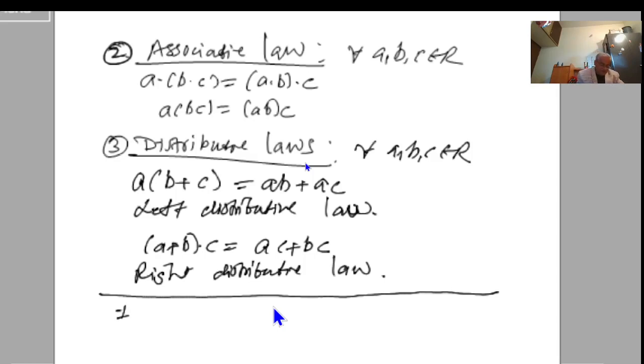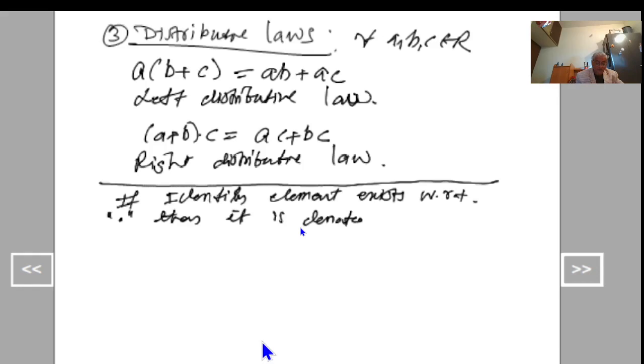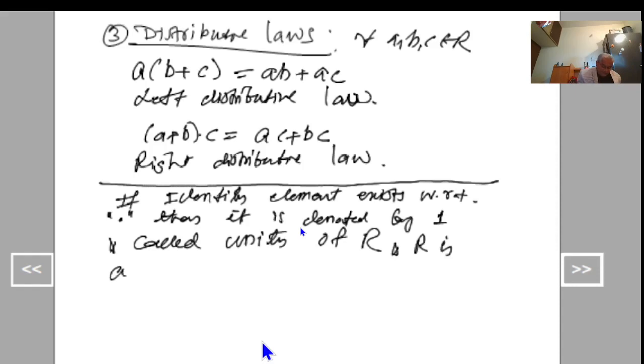That is, if an identity element exists with respect to dot, that is multiplication, then it is denoted by 1 and is called the unity of the ring R. And the ring R is called a ring with unity. This is a special type of ring.